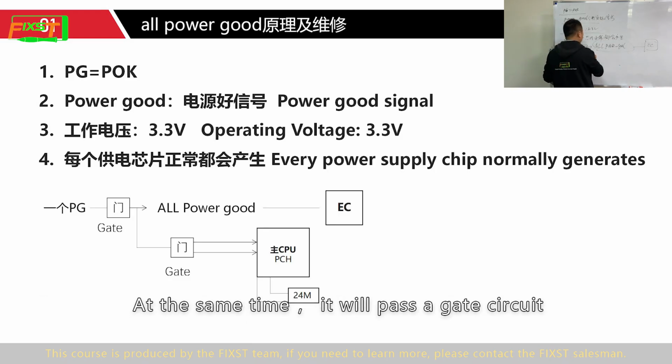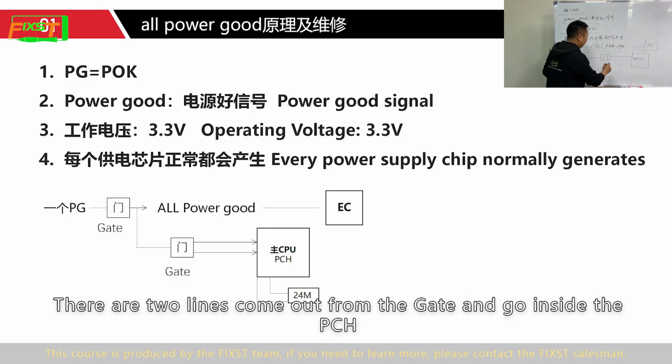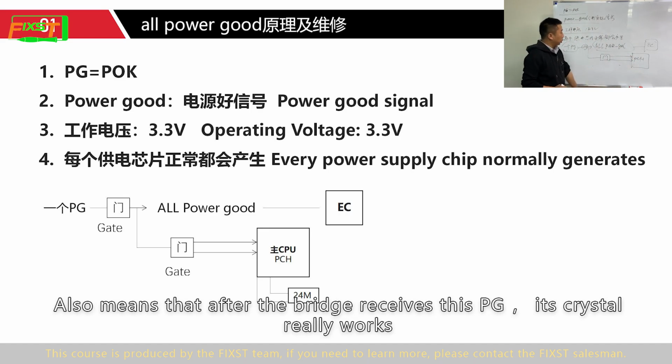At the same time, we pass a gate circuit. Following the framework, it should be sent to the bridge PCH. Two lines come out from the gate and go inside the PCH. It means that after the bridge receives this PG, its crystal really works.